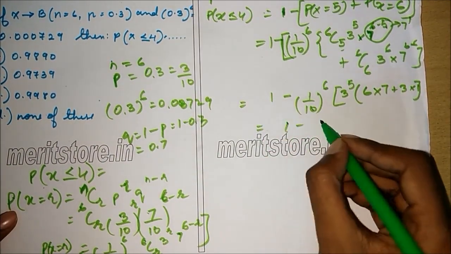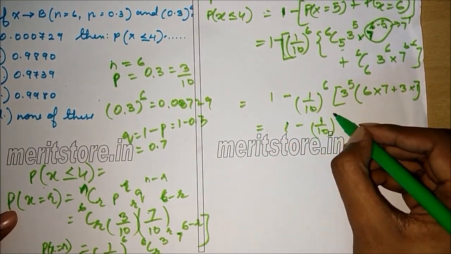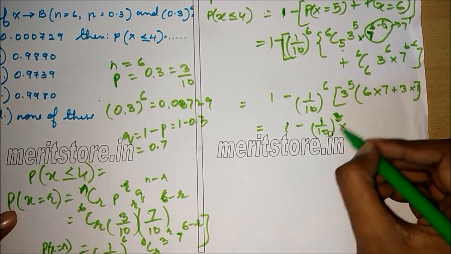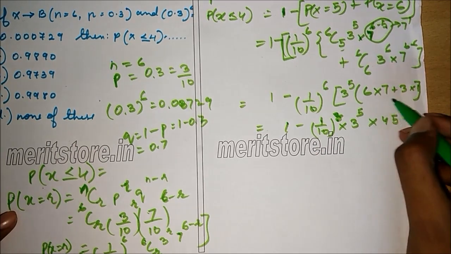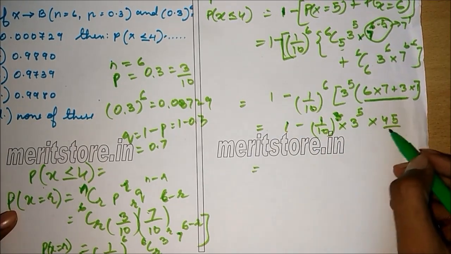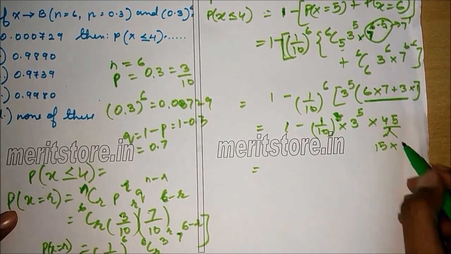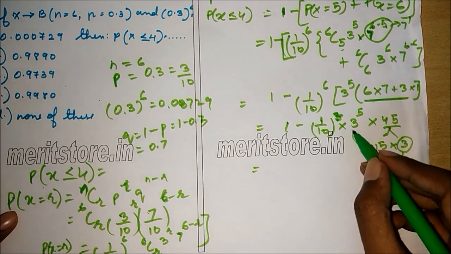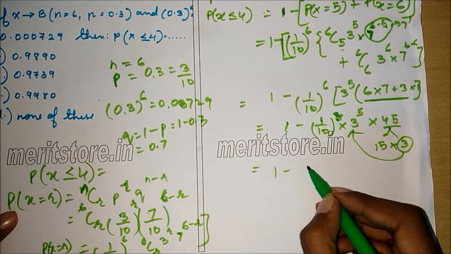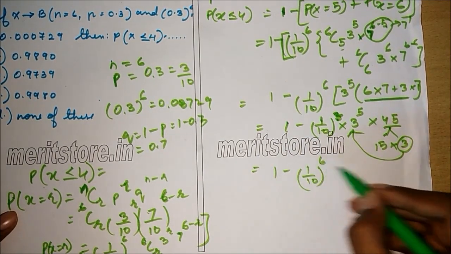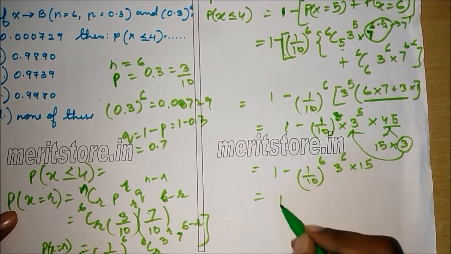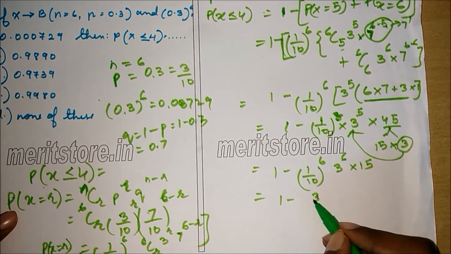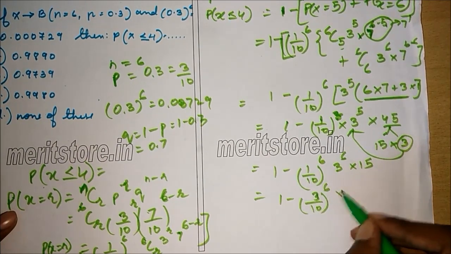So this is 1 minus 1 by 10, 3 raised to 5 into 45. This is 45. We can write this as 15 into 3 and bring this 3 along with 3 raised to 5. So we get 1 minus 1 by 10 raised to 6, 3 raised to 6 into 15. That is 1 minus 3 by 10 raised to 6 into 15.